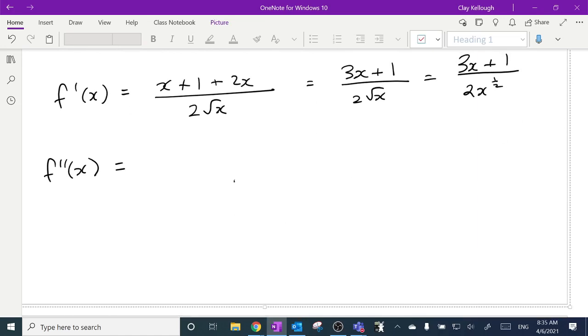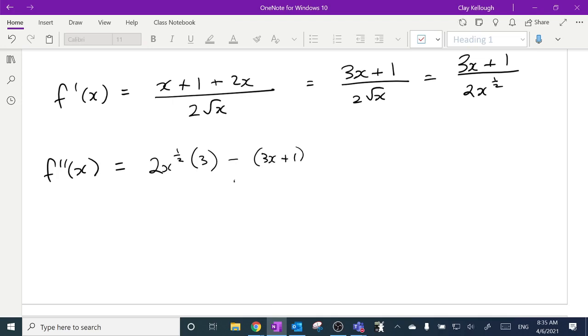Well, it's the denominator times the derivative of the numerator minus the numerator times the derivative of the denominator, all over the denominator squared.